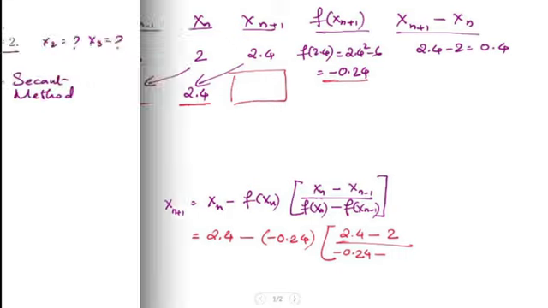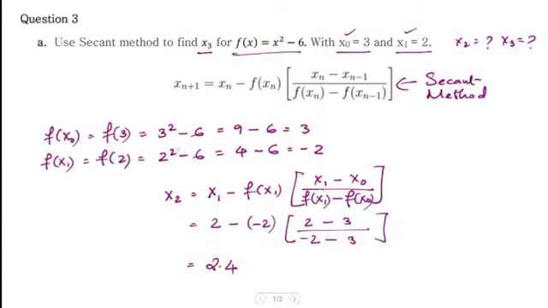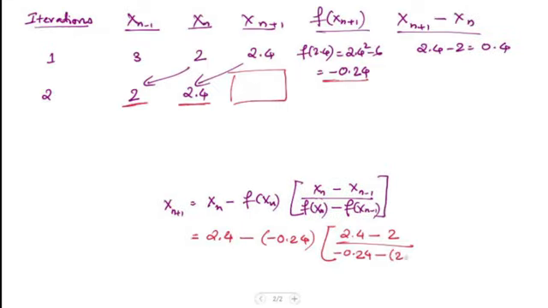We already found that before, it was minus 2. So we use that, and that gives us the value 2.454545. So that's x3 for us.